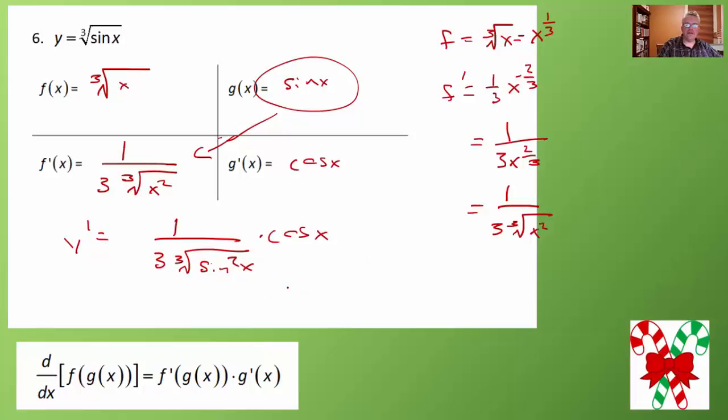And that would just equal cosine x over 3 times the cube root of sine squared x. All right, I had to go out with a bang, so we had to save the tough one for last, but it's okay. We would have been okay leaving it as x to the 2/3 here, and maybe that would have made it a little bit simpler.